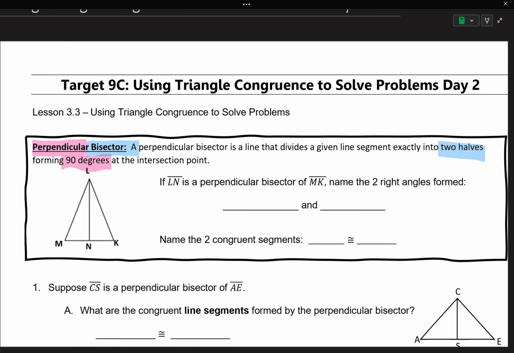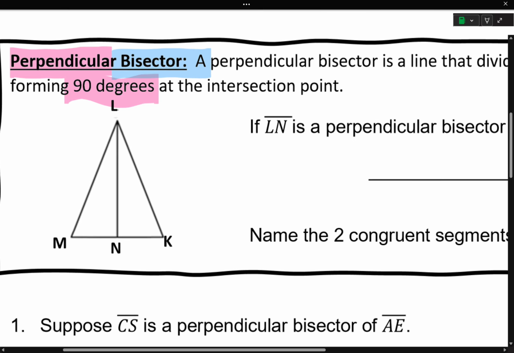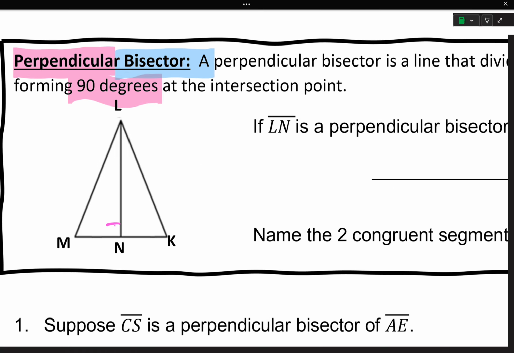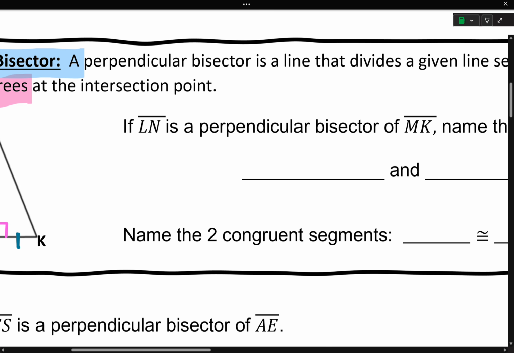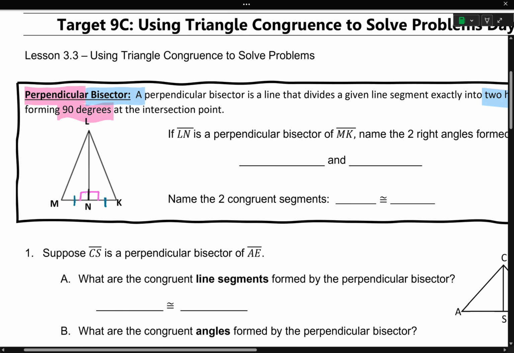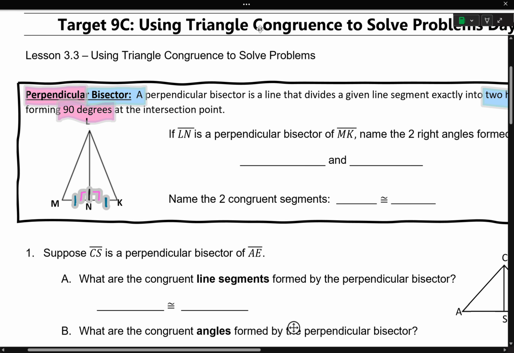Let's mark this. The perpendicular part gives these two right angles, and the bisector part cuts MK into two halves. So, we have two right angles, and they are angle LNM and LNK.